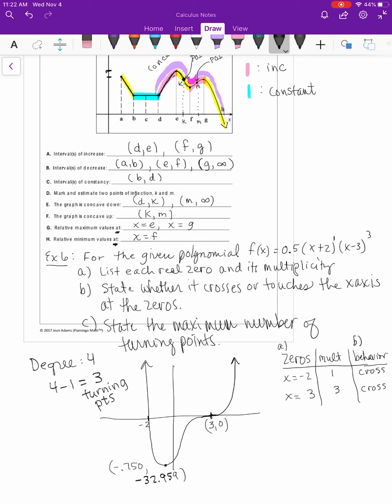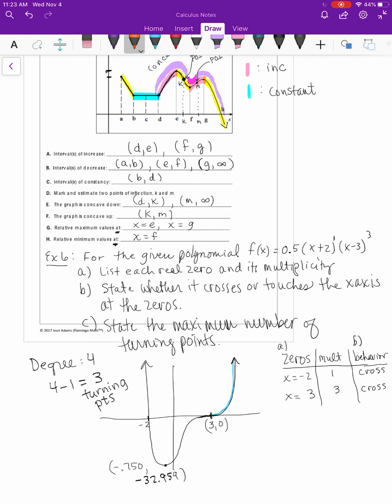And then that 0 where it flattens out, that's a point of inflection, right? Where concavity changes. So you can see that it's concave up. I'm going to go ahead and maybe use this. There's your concave up.